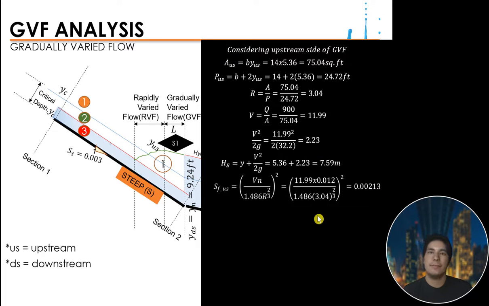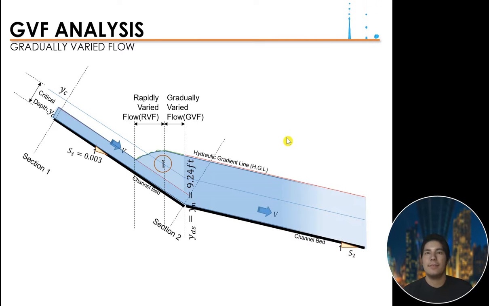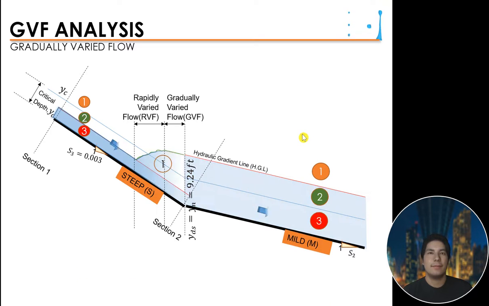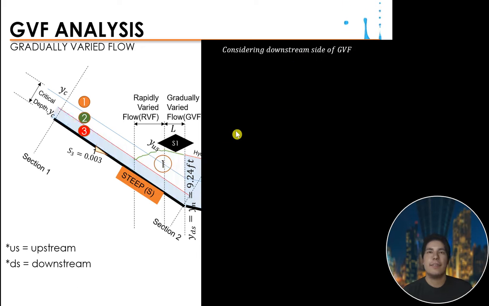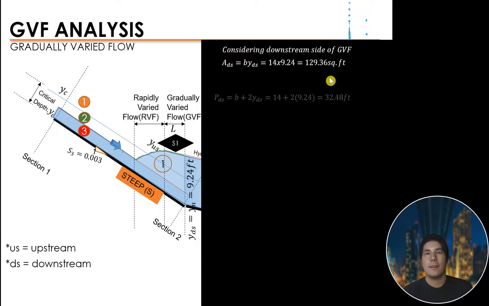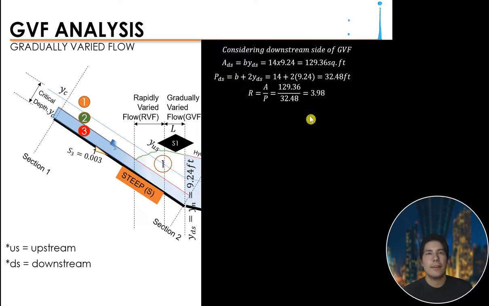Now we can consider the downstream side of our GVF, where our YDS here is 9.24. With the same process, we compute the area on the downstream side: 129.36 square feet. Perimeter is 32.48 feet. Hydraulic radius is 3.98. Velocity is 6.957 feet per second.